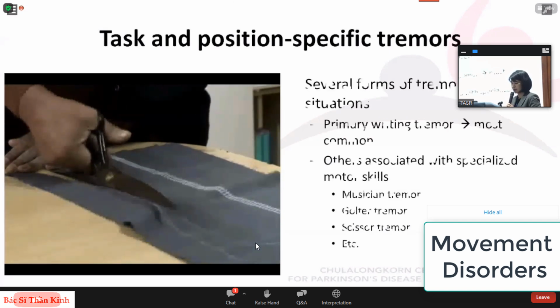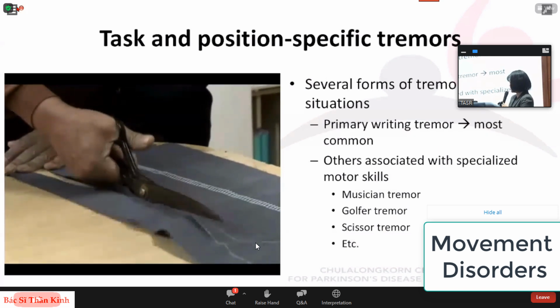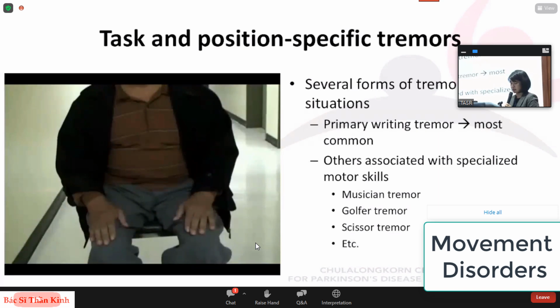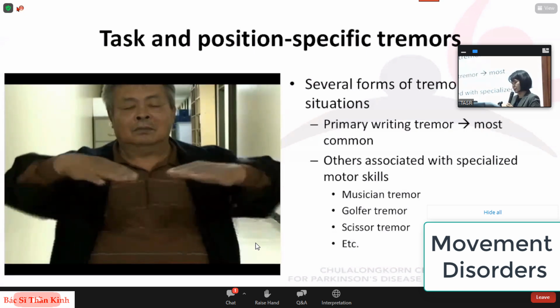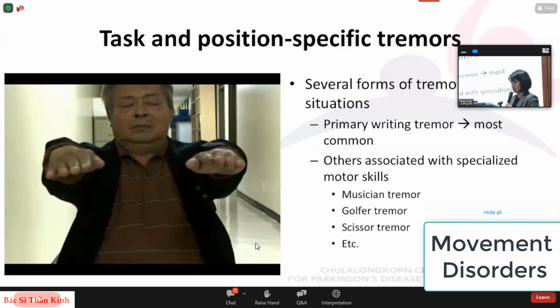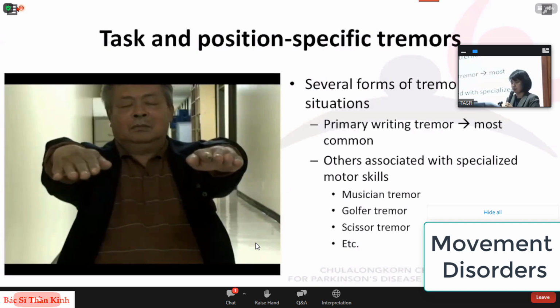Primary writing tremor is the most common form of task-specific tremor, but the tremor can occur in patients who specialize in a motor skill and practice over and over, using this body part repetitively, for example the musician, the golfer, and the seamstress like in this patient.